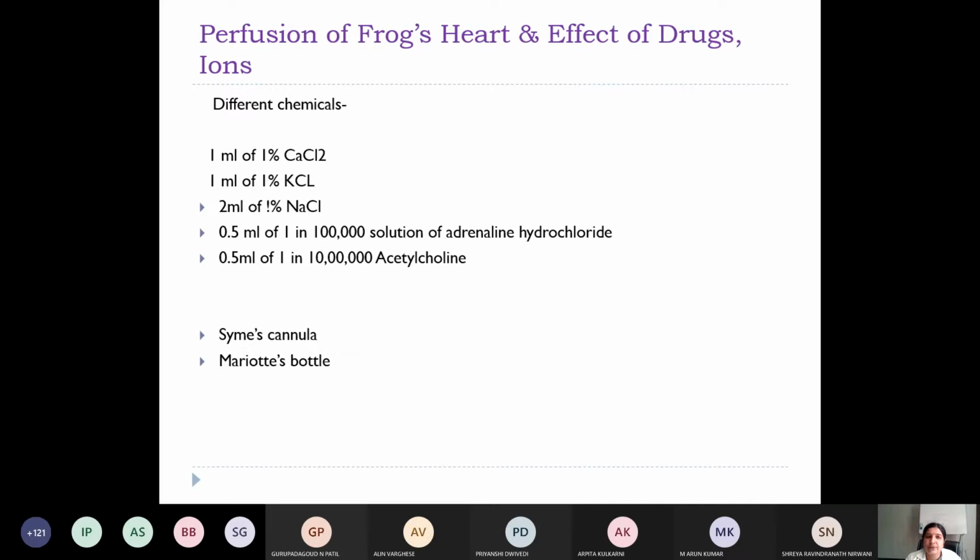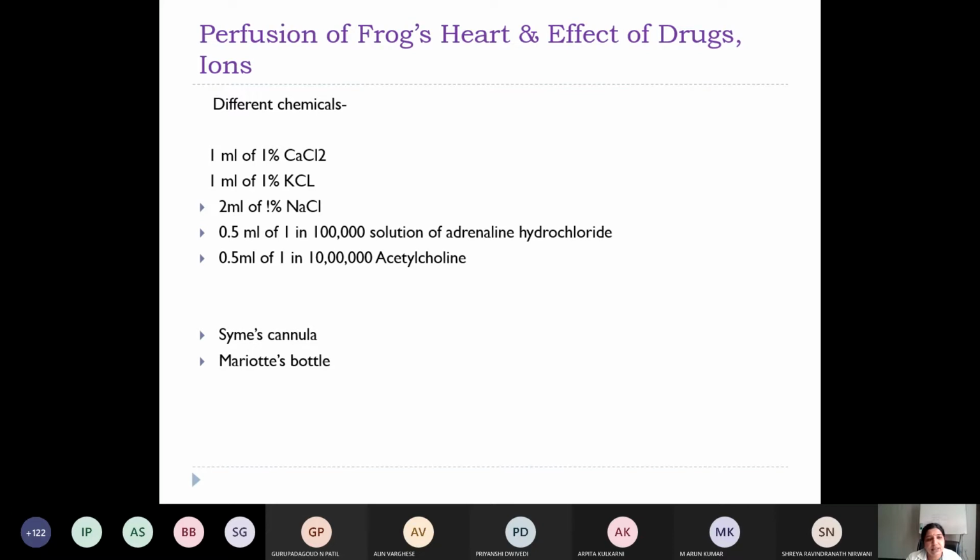What we are going to perfuse along with the Ringer-Locke solution are a few drugs and ions, and we are going to get different graphs. So what are the ions that are used? Basically 1 ml of 1% solutions, which have to be prepared before you start.